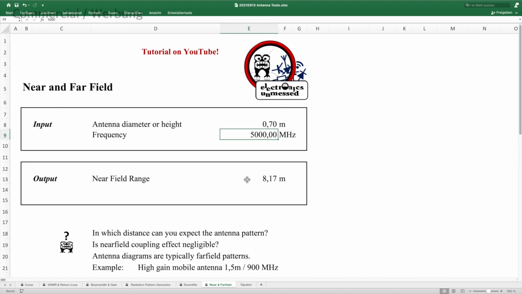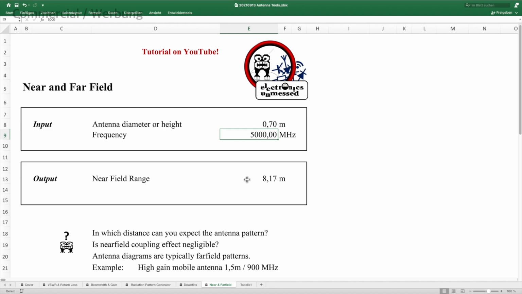In the case of low-gain antennas, for instance a half-wave dipole, you can consider the near-field range being less than 1 wavelength. Of course, you can try it out with the tool. Finally, I need to give you a general important hint on antennas.